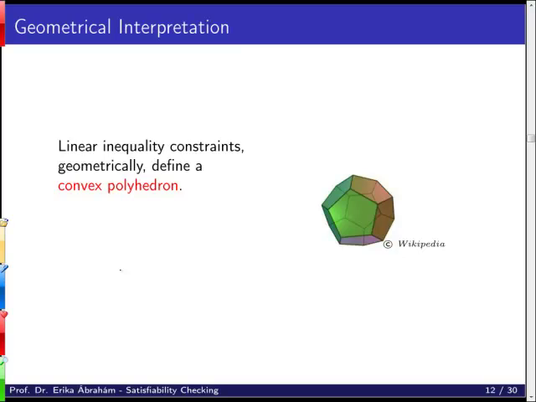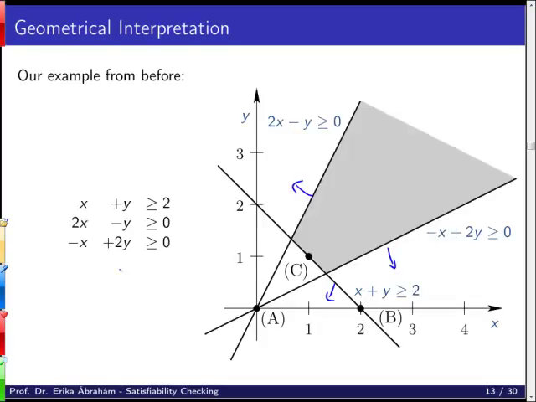And in the optimization phase, it goes from vertex to vertex and finds an optimum. But that we do not look at, we look only at the first phase. So our goal is to find basically one of these points.